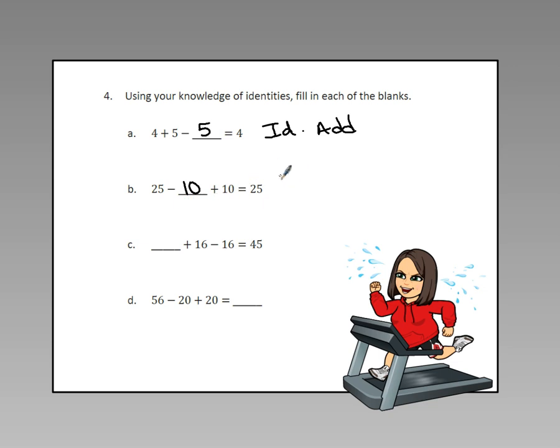And that is the identity property of subtraction. And looking here, I see that we're adding 16 and subtracting 16, which is going to cancel. So what must I have started with if I end with 45? I started with it also. And on this last one, if I started with 56, I subtracted 20 and then added it back on, I still have 56.